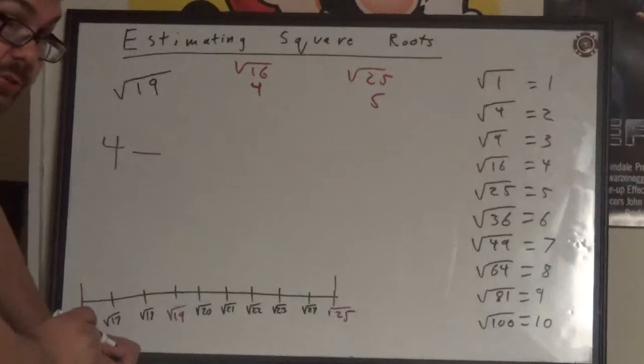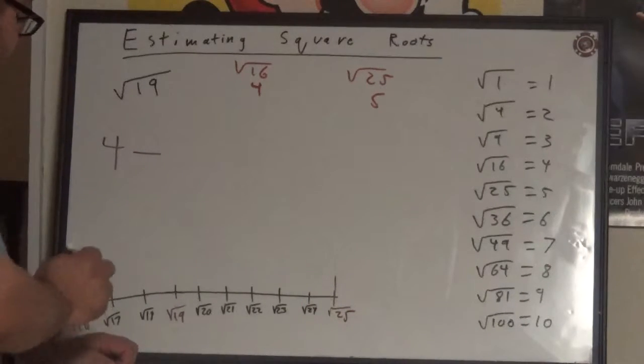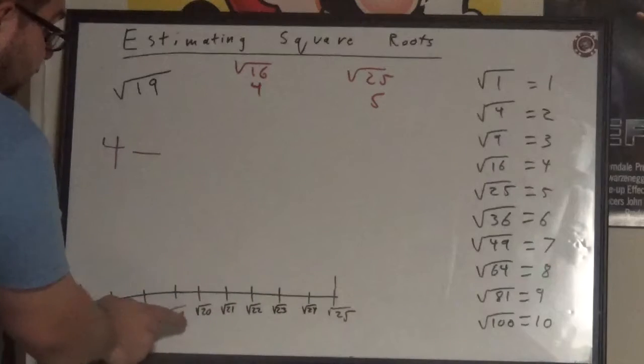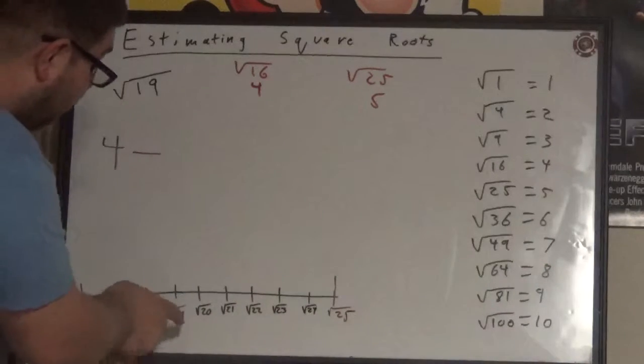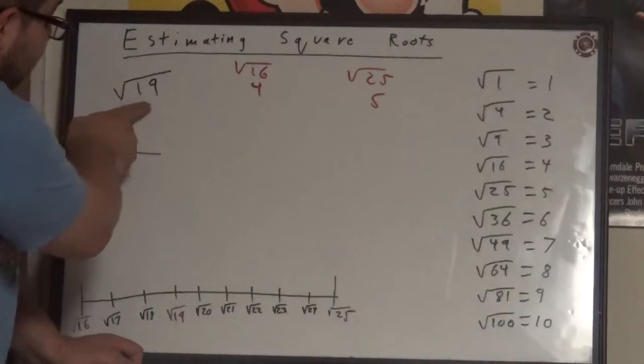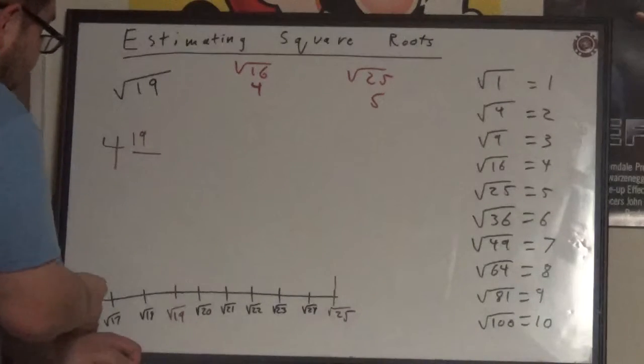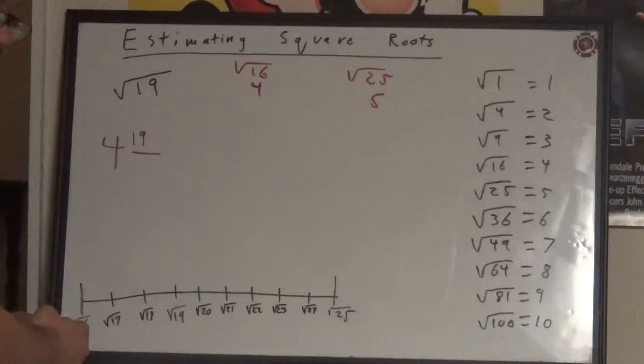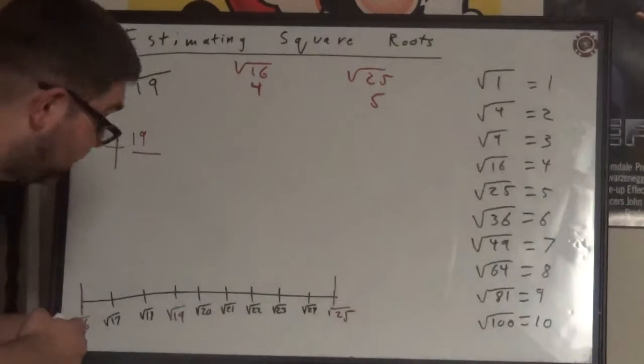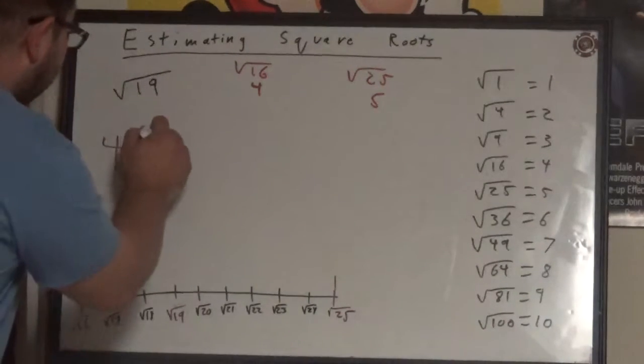Finding the fraction is really easy. As our numerator, we're going to take the number that we're given, 19, and subtract the smaller of the perfect squares, which is 16.